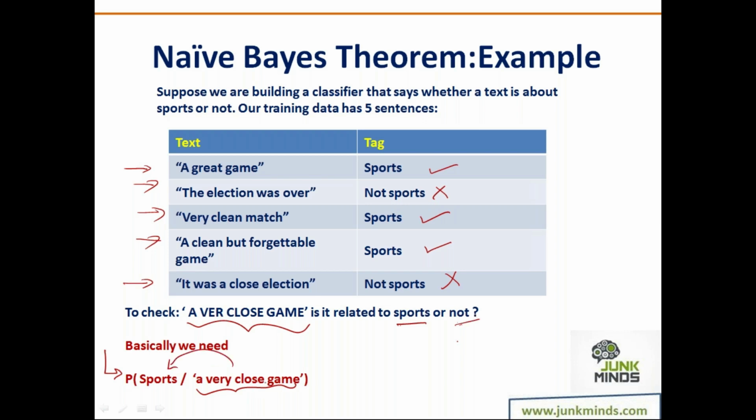So the data is this sentence, a very close game, and sports is the conclusion that I want to make. Suppose I get 85% probability that yes, it is pertaining to sports, then I'll say that yes, this statement is pertaining to sports. If I get, say, 9% probability that it is pertaining to sports, then what this will mean is that this is not pertaining to sports.